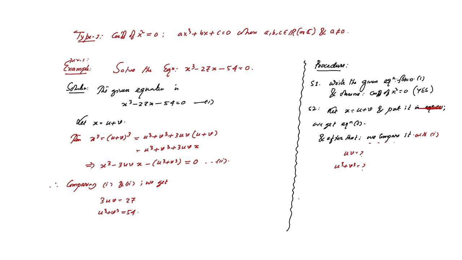We'll eliminate v. Consider this equation 3 and this equation 4. So we can write uv equals 9 and u cube plus v cube equals 54. That is 3 after simplification, and this is equation number 4.